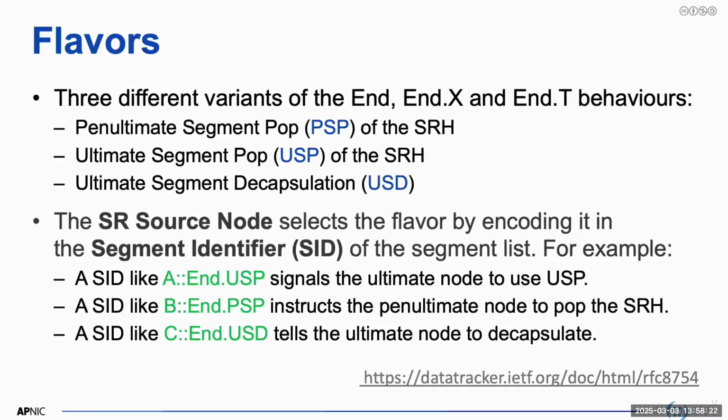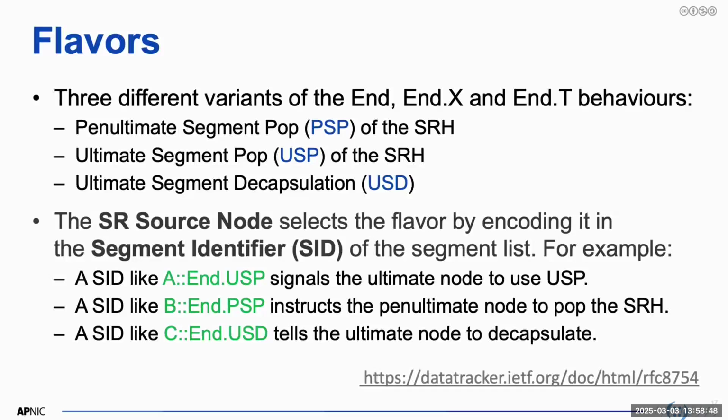This could be a case for layer 3 VPN or an encapsulation service, where the endpoint node, when it receives the packet, decapsulates the segment routing header and sees the information in the upper layer. So maybe it forwards the packet to a VPN, or to a layer 3 or layer 2 service, or maybe to a cross connect as well.